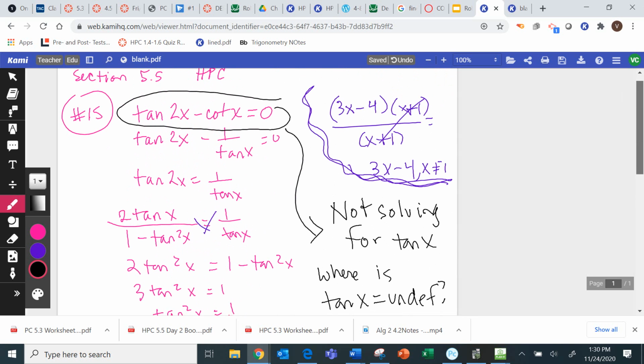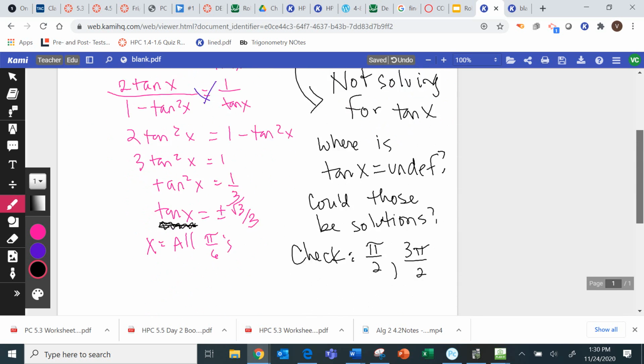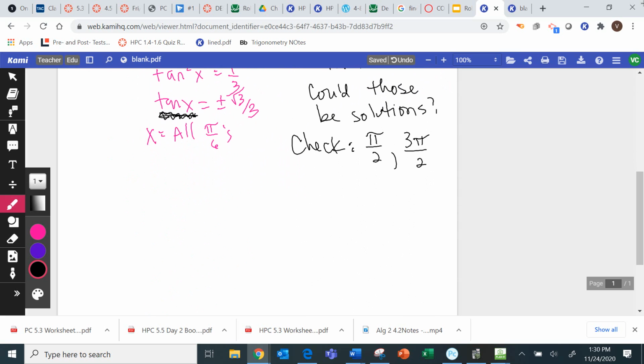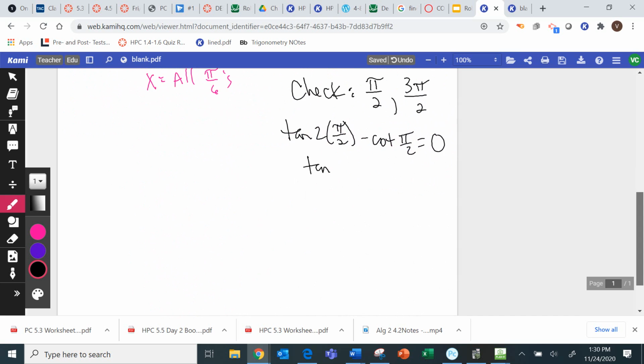So if I do tangent 2x minus cotangent x, tangent 2 times pi over 2 minus cotangent pi over 2, does that give me 0? So this would be tangent, wait, is it equal 0? Yeah, equal 0.